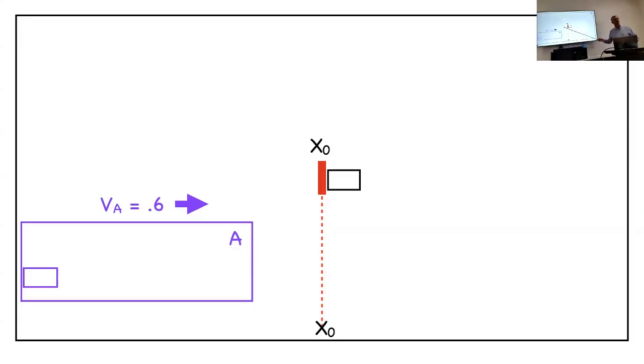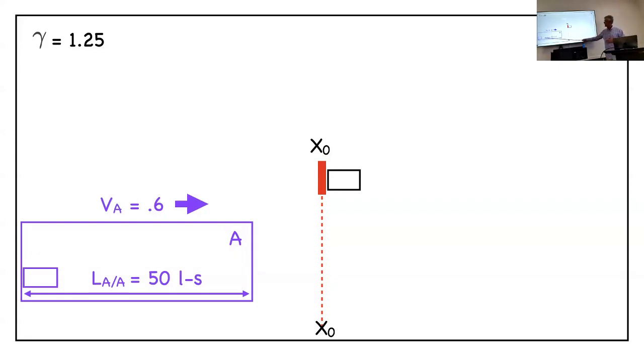Now, here's our second reference frame, A, and it's traveling to our right at 0.6. Remember that 0.6 means 0.6 the speed of light, 0.6 c, and c is 1. And it's got a digital clock. And according to A, the length of this space station is 50 light seconds. And remember, the notation I use is L of A in A. Well, if it's traveling at 0.6, remember gamma?